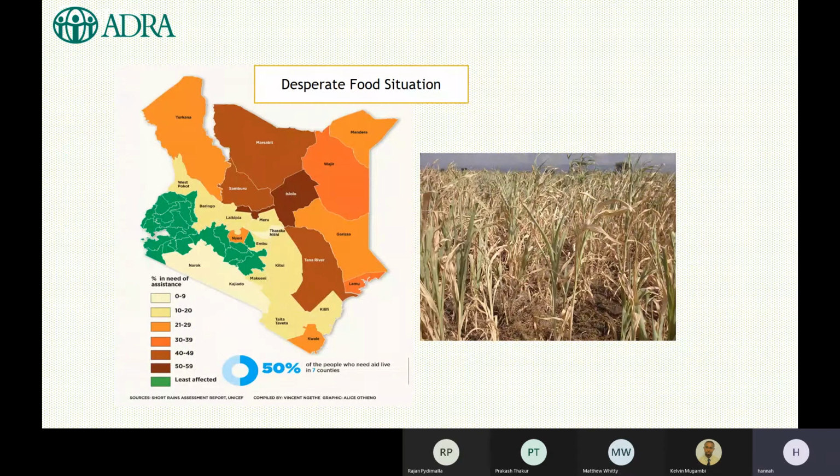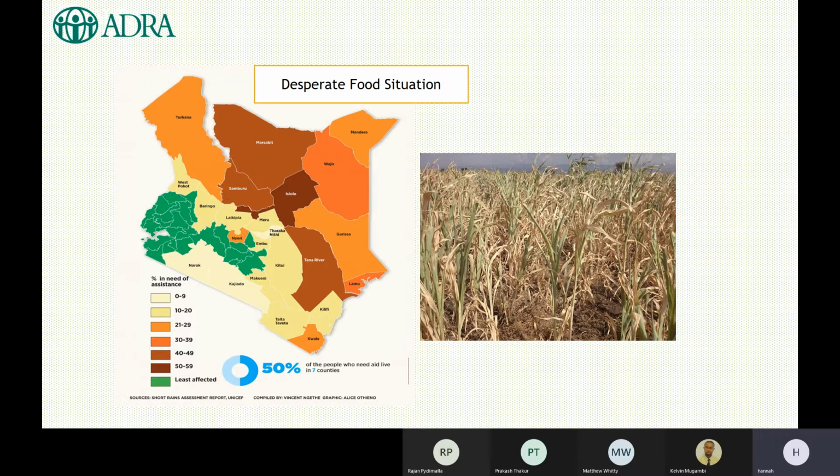As you know, in Kenya there is always a desperate food situation in various parts of the country. For example, as you can see, this map of Kenya was projected last by FEWS NET, the ones who deal with the early warning system.